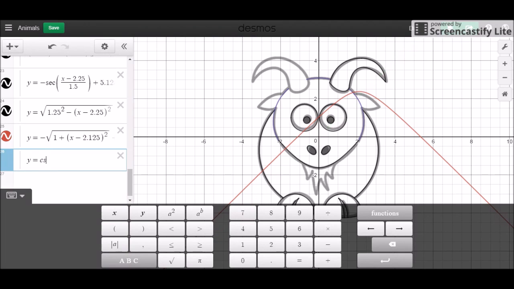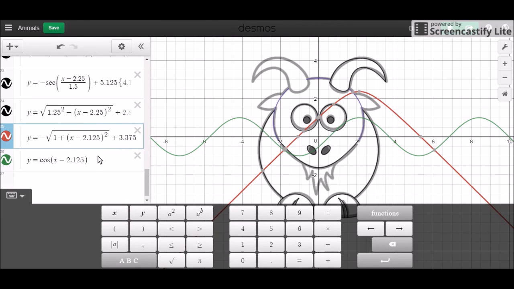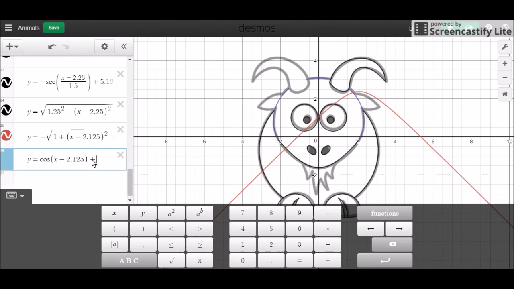Cosine x minus 1, 2.125, so that's plus 3.375.